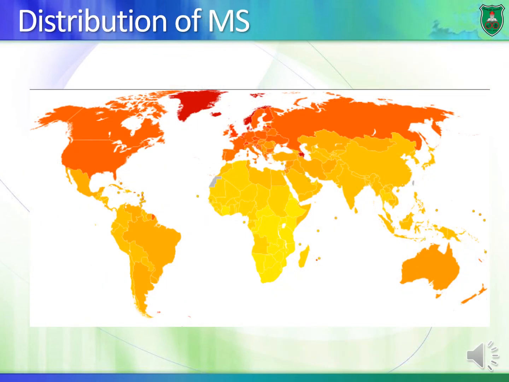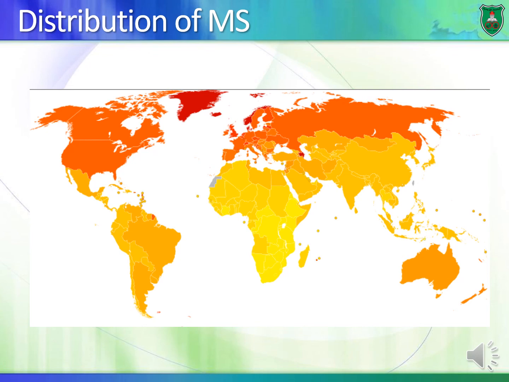Now, look at the contribution of environment. So this is the distribution of multiple sclerosis globally. You can notice that the frequency of MS is very high in higher latitudes, right? And it decreases as you go south, towards the equator.